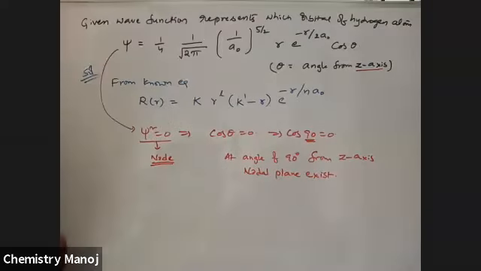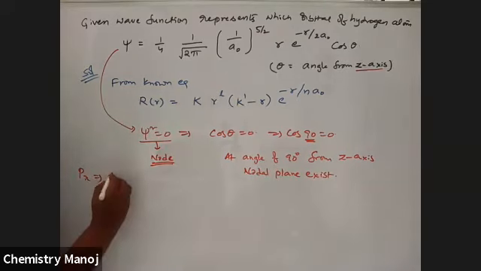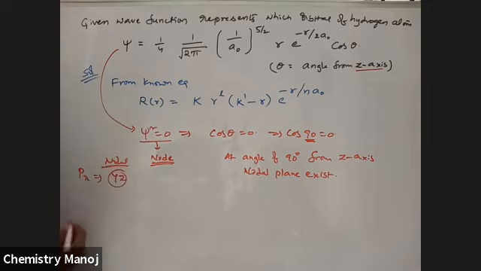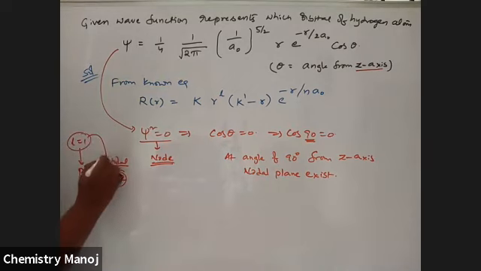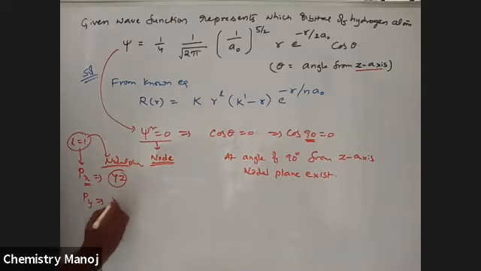See here, for a p orbital, l is equal to 1, so the number of nodal planes is equal to 1. For px orbital, the nodal plane is the yz plane. For py orbital, the xz plane.